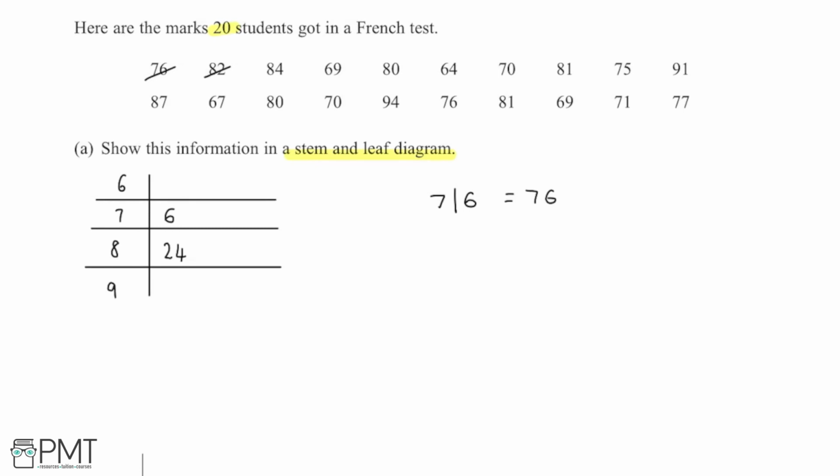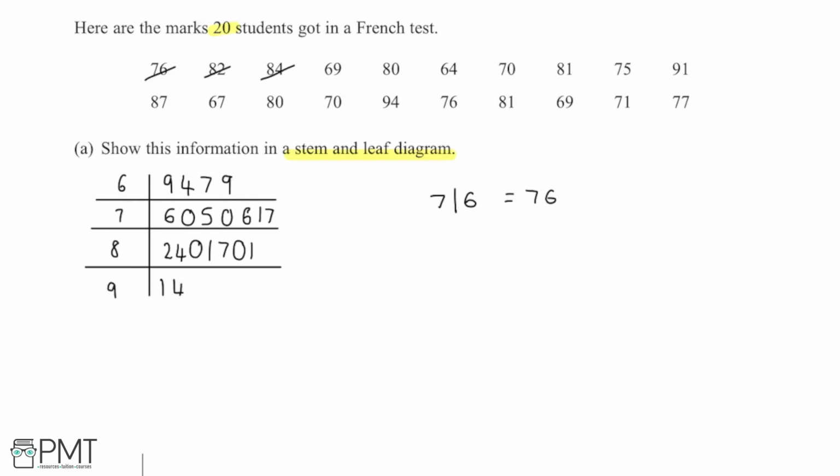I've done 84 and then I can just run through and do the rest: 69, 80, 64, 70, 81, 75, 91, 87, 67, 80, 70, 94, 76, 81, 69, 71 and 77.